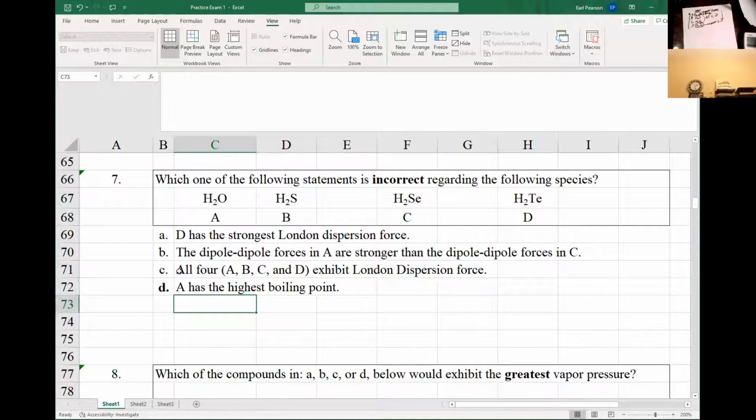That's true. All four exhibit London dispersion. That's also true. But the one with the highest boiling point would have the highest intermolecular force, and that would be water, because water is the only one that's hydrogen bridged. So my apologies for that, and I'll try to fix it online.